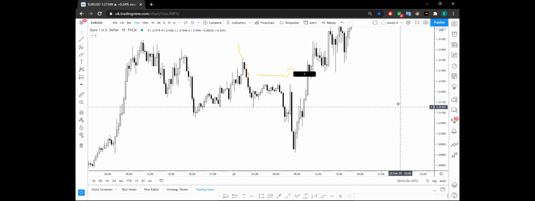But these are potential areas that we can see price react from. So when it's a potential area when price can potentially react from, we have to train our eyes and ensure that the range is drawn to where price can potentially react from.